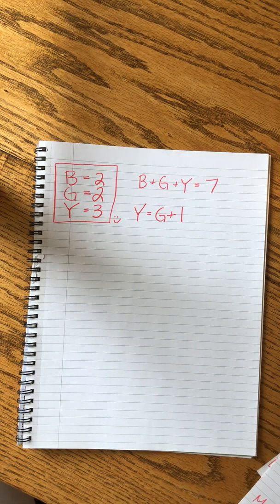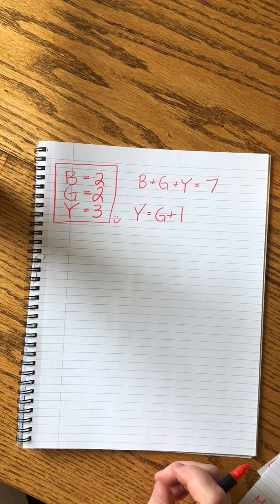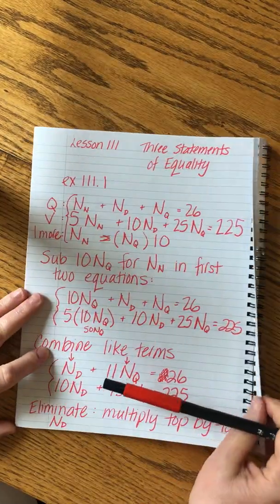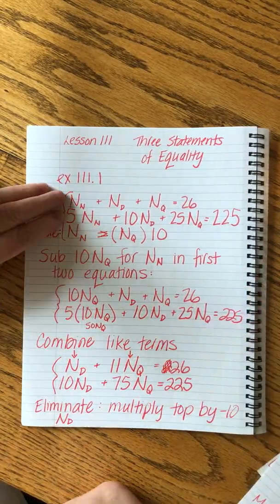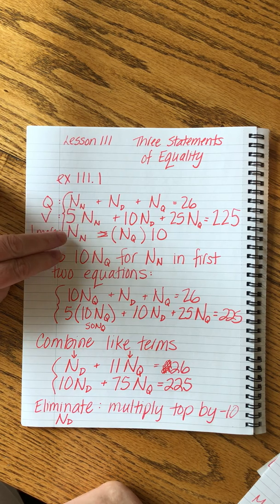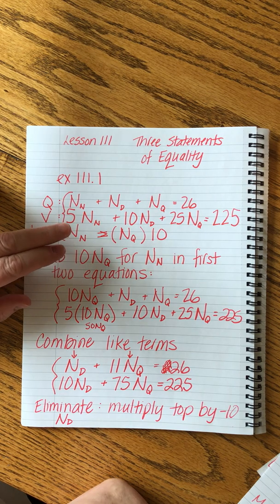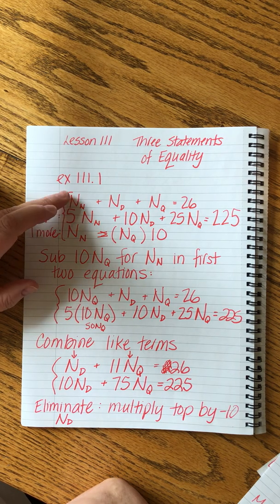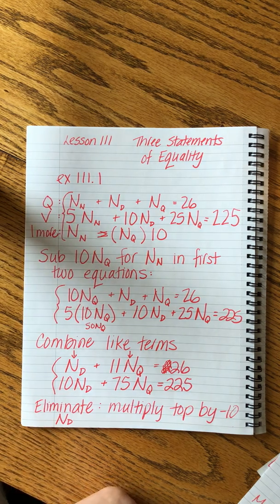So let me just give you a reminder, not a caution. In all 3 of these, what we did was we wrote out the quantity and the value statements, then the one more. The one more turned out to be a very simple equation, and we used that to substitute first into the top 2 to wipe out one of the variables.